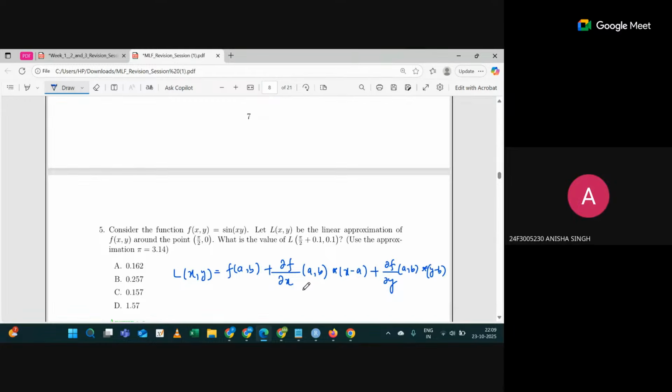So option C. Okay, let's see. Option C is correct, but everyone please try and let me know. Then we will try to solve together. Option C. Okay, I got 2 votes for option C.